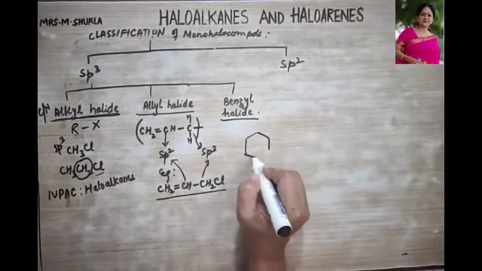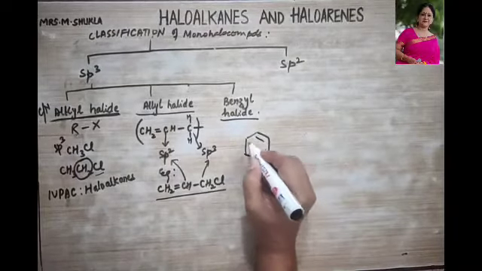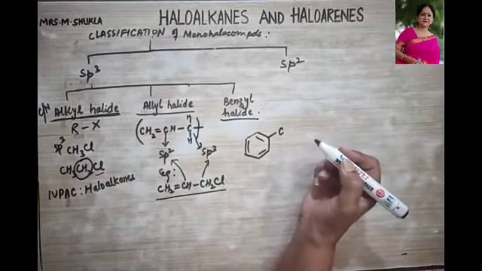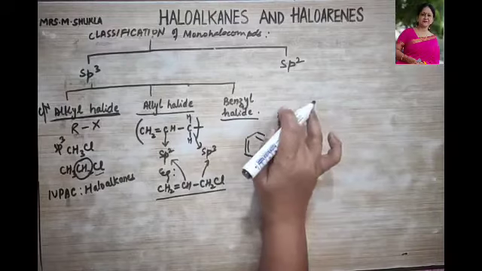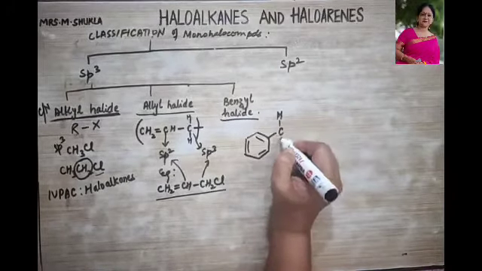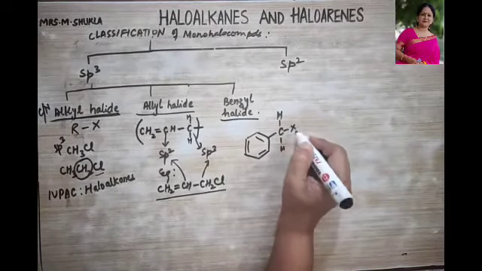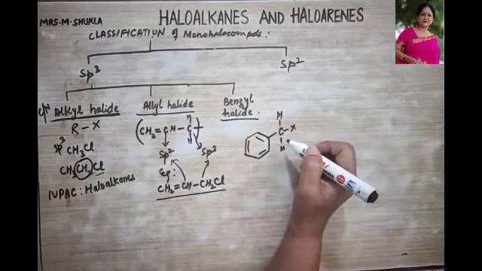As the word says benzyl, we have to form a benzyl group over here. So when we remove one hydrogen, one more carbon is attached over here, and on this carbon, let me write H H, and to this carbon the halogen is attached.